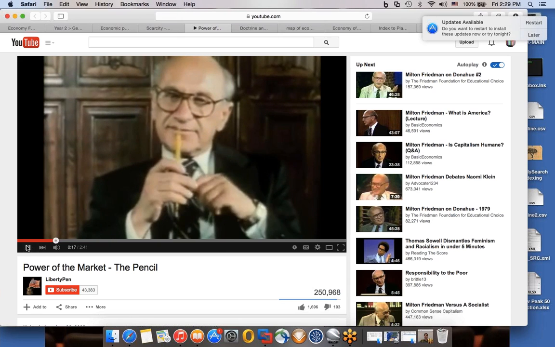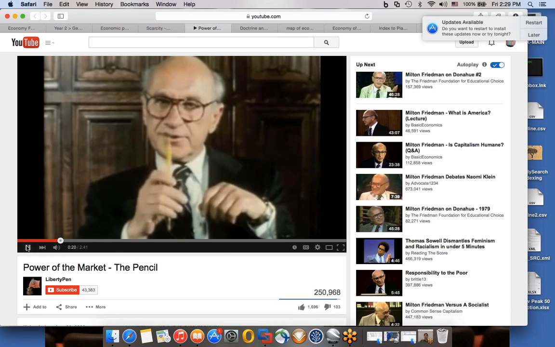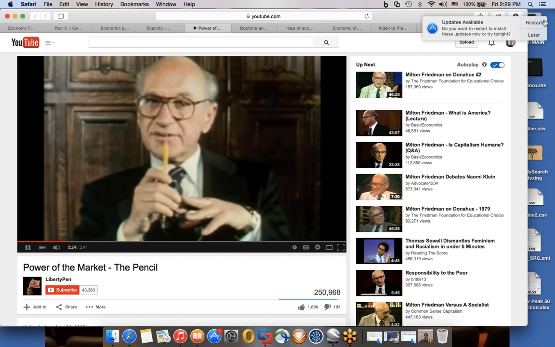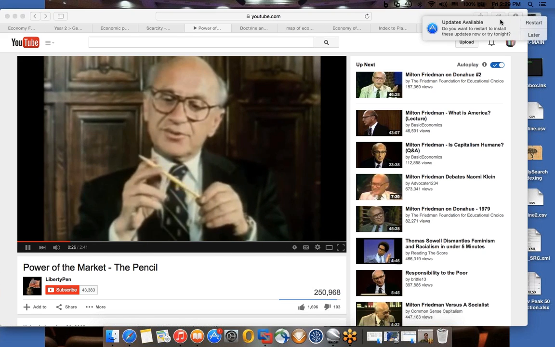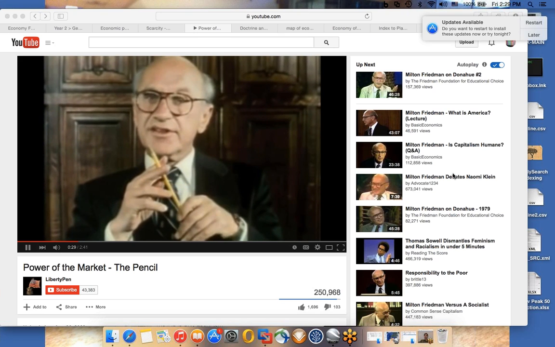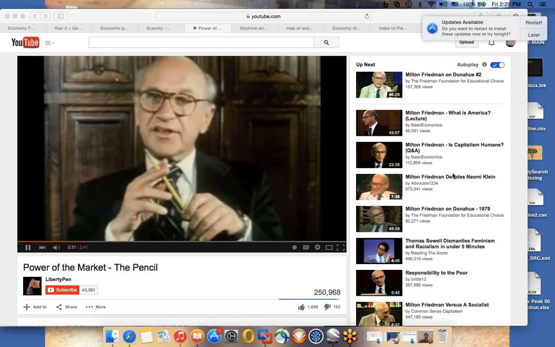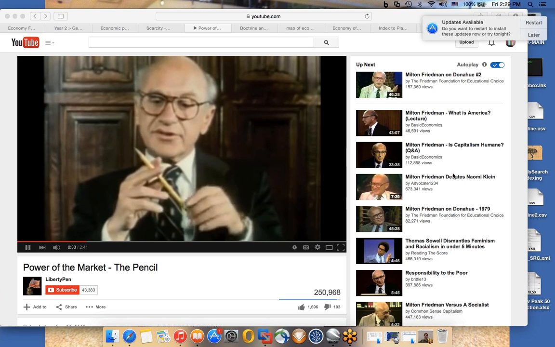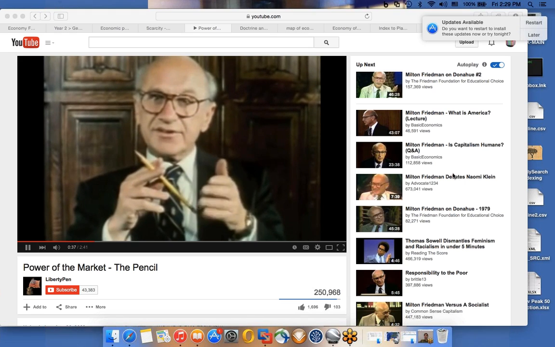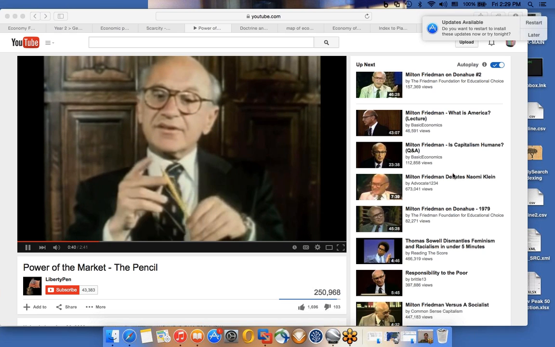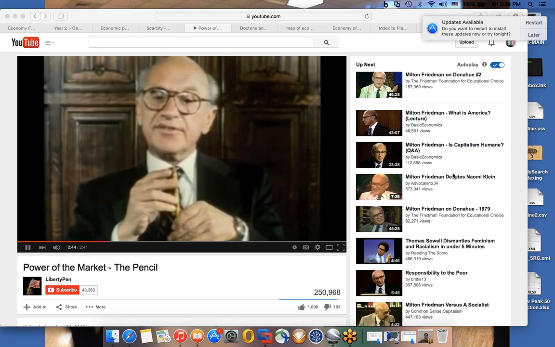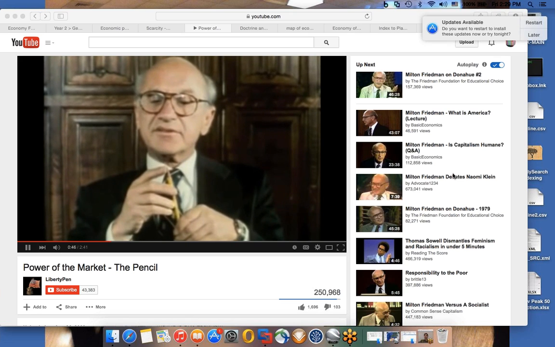Look at this. There's not a single person in the world who could make this pencil. Remarkable statement? Not at all. The wood, for all I know, comes from a tree that was cut down in the state of Washington. To cut down that tree, it took a saw. To make the saw, it took steel. To make the steel, it took iron ore. This black center, we call it lead, but it's really graphite, compressed graphite.